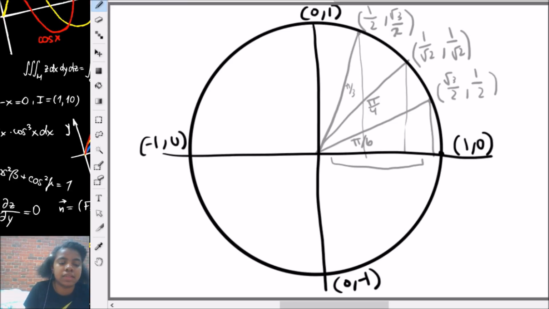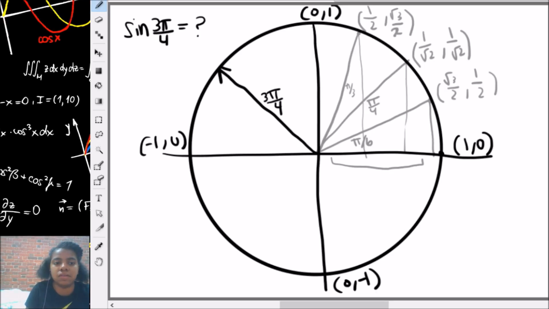Let's say we have a question asking what the cosine is of this angle over here, where it's 3 pi over 4? I bet you're like, well, I don't really know what the cosine of 3 pi over 4 is, that's crazy. But I'm telling you that you do.